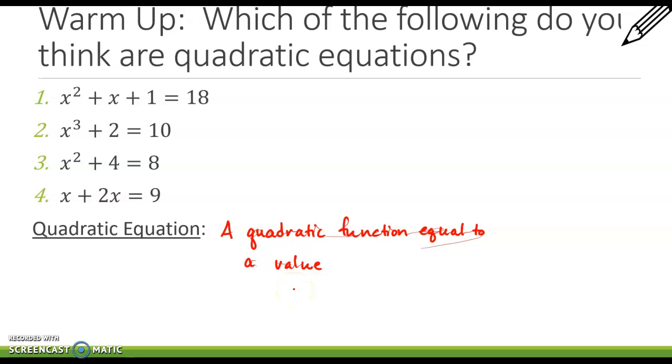In order to be an equation, it needs to have an equal sign. In order to be a quadratic, the degree has to be 2. So number 2 is not a quadratic because that's a degree 3. Number 4 is linear, so that's not a quadratic either.